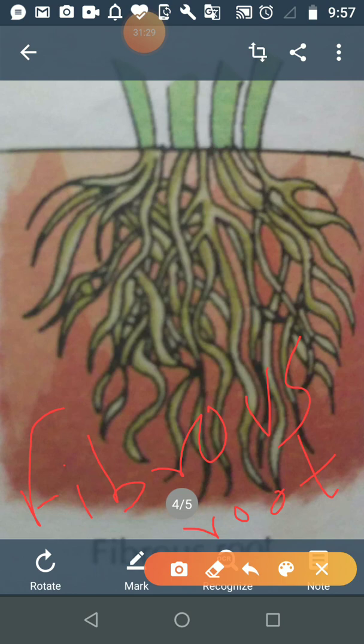Is it clear? Now the roots of the plant hold the soil in place so that it does not get washed away during heavy rain, flood, etc., or by wind. The washing away of soil is called soil erosion. Another important thing I want to discuss when explaining the function of roots: roots hold the soil.